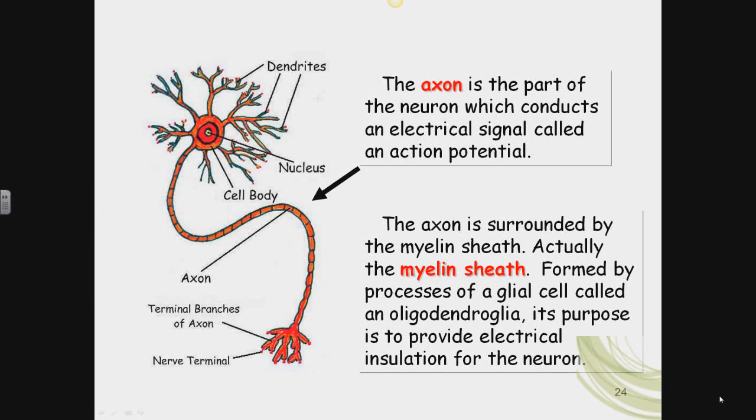But this other cell with its phospholipid bilayer wraps around and around and around the axon, and this fatty bilayer ends up creating something called a myelin sheath. You will learn more about that later, but this myelination allows the electrical current, the action potential, to travel faster, a faster rate of transmission.